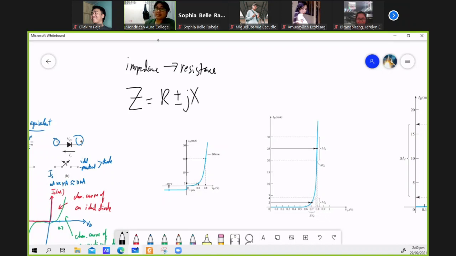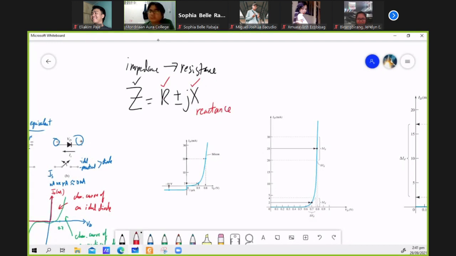Naging complex number. So hindi ko alam kung naalala niyo pa yung complex number na yan. No? So this represents impedance. Impedance is composed of the resistive component, purely resistive, meaning fix yung kanyang resistance. Okay? And we have letter X, this is the reactive component. Or this is what we call the reactance.